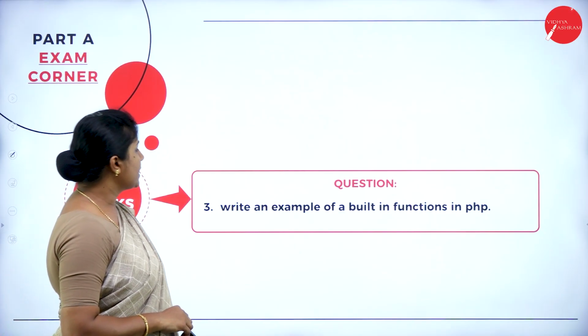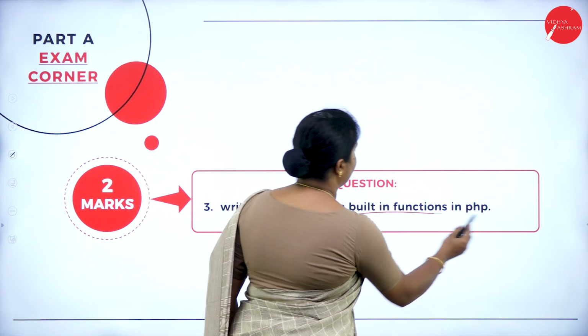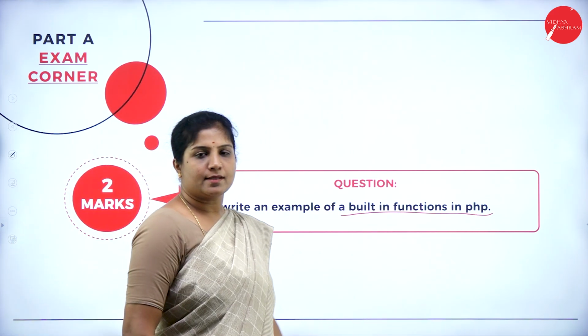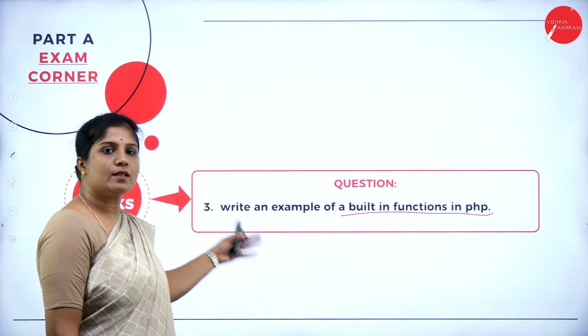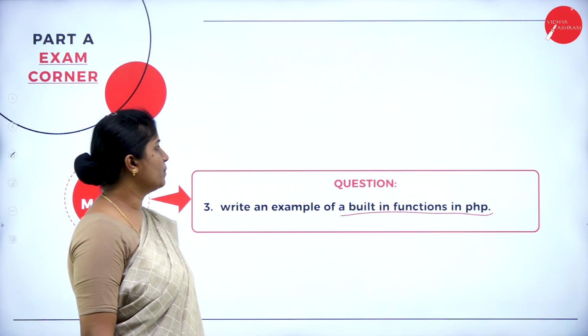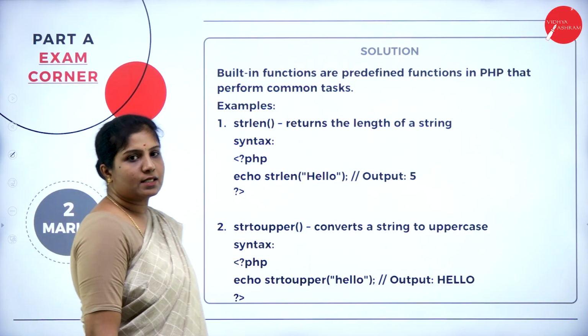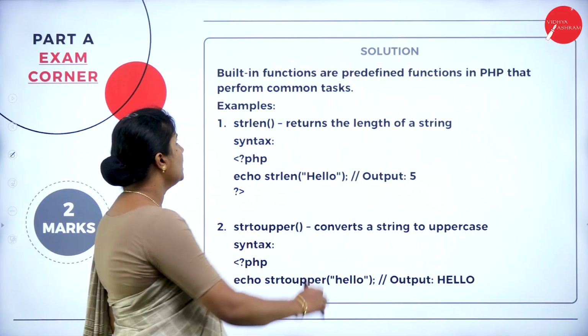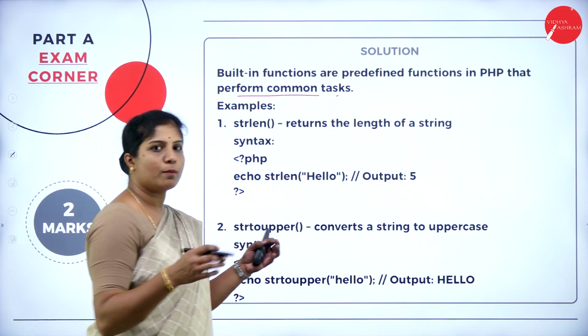Okay. Next question is, write an example of built-in functions in PHP. As I said in the previous answer, built-in function, right? In this question, I am going to discuss what a built-in function in PHP is. Built-in functions are predefined functions in PHP that perform some common tasks.